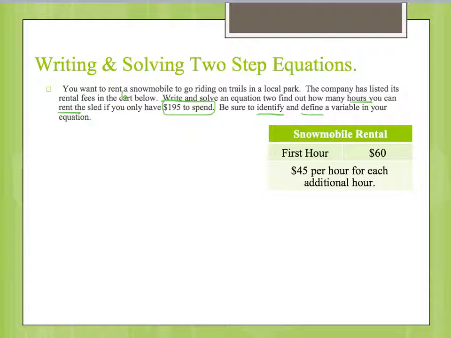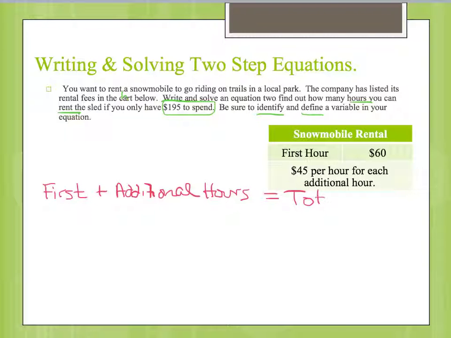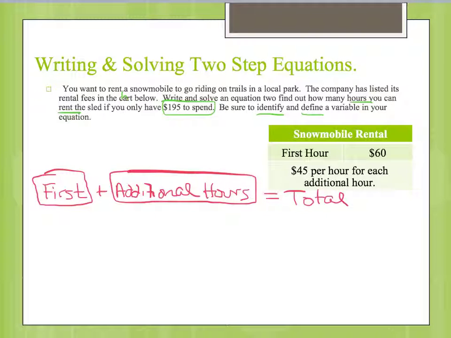So in order to do that, they're going to charge me for the first hour. Then they're going to add in any additional hours that I go. And that's going to give me then the total bill that I would have to pay. So now that I have my verbal model, now I can take a look at plugging in the things that I know. What do I know?